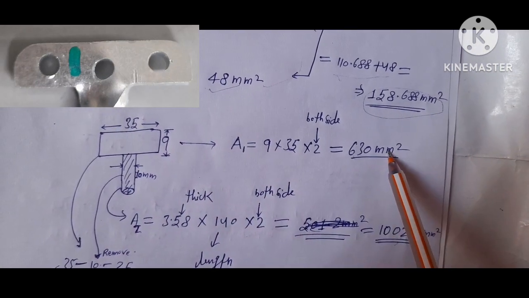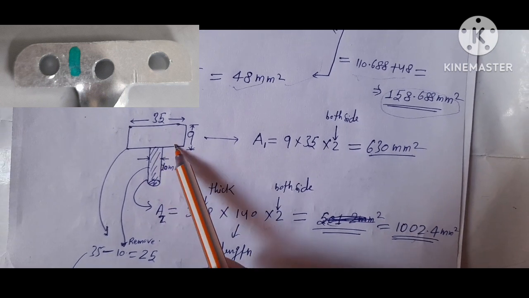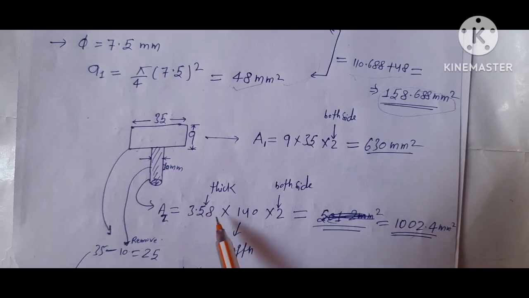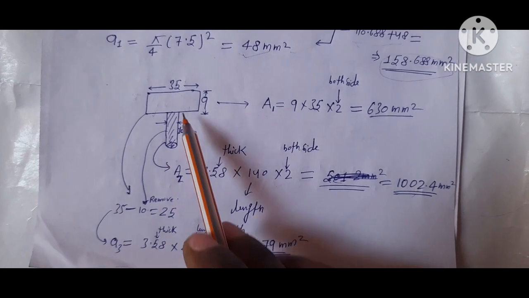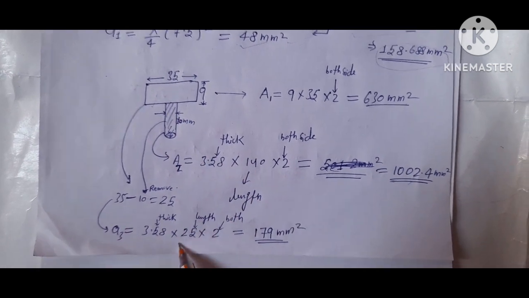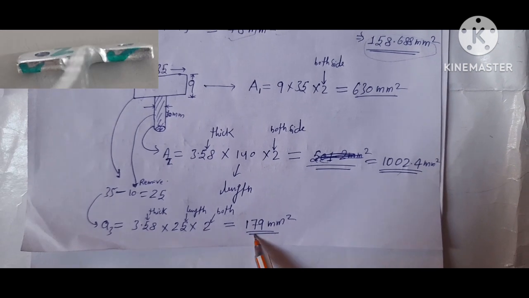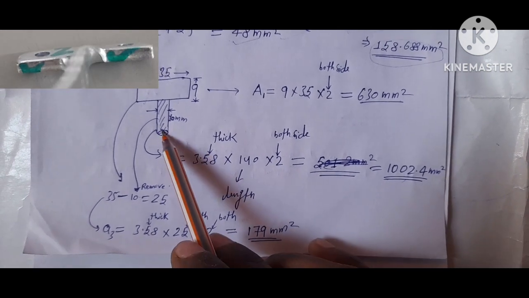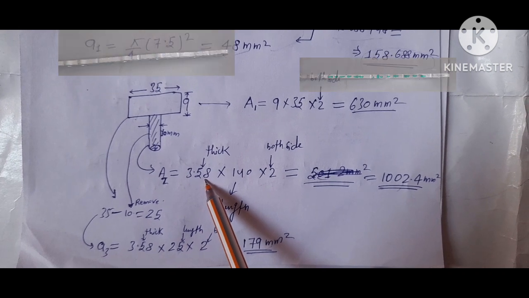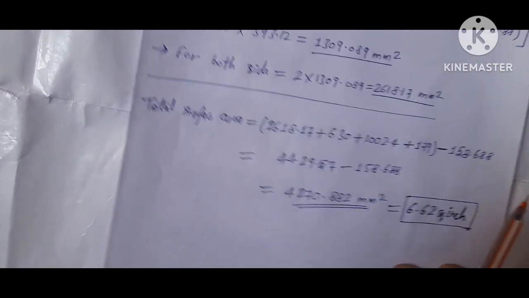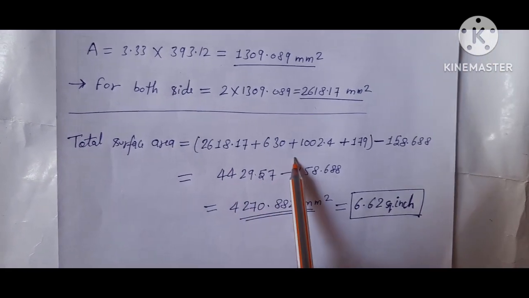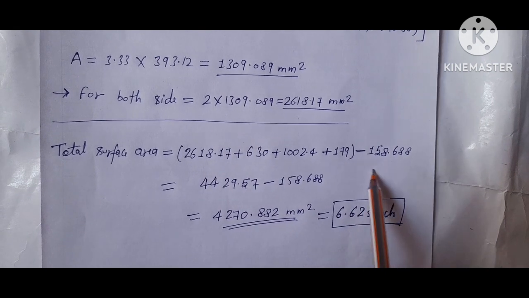This will be calculated here, and these sections are also calculated here. Here 35 minus 10 because this is 10, and both sides will be calculated here, and this area will also be calculated here, both sides, and adding all the area, the hole area is deducted from this area.